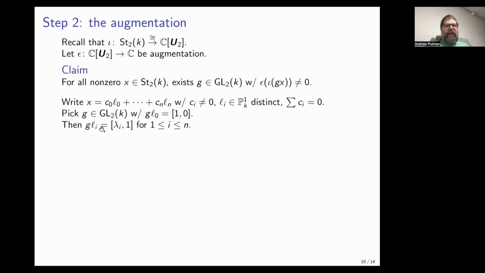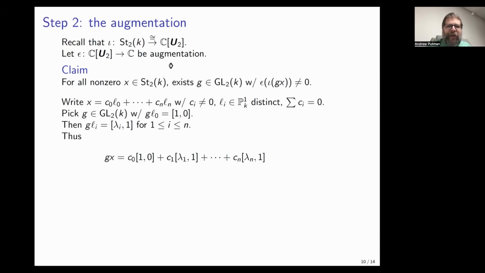So all the other lines do not have slope infinity. So they're lines of the form (lambda_i, 1). They have slope lambda_i for some finite lambda_i, for all the other terms. And so gx is the sum: we take c0 times (1, 0), this line at infinity, because we hit this with g. The next one goes to c1 times (lambda_1, 1), et cetera, up to cn times (lambda_n, 1). And now I need to use the fact that the sum of the c_i's is 0.